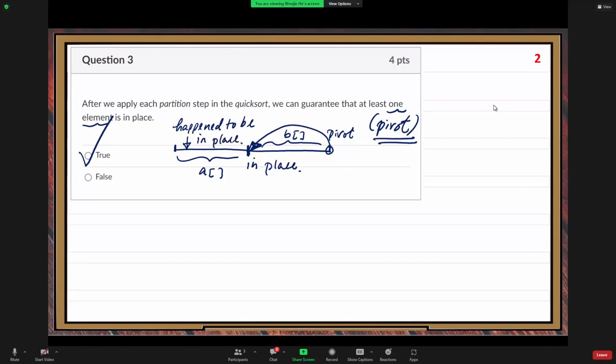Actually, it does not help much. If it's in place, it does not mean we can benefit from the element being in place here.